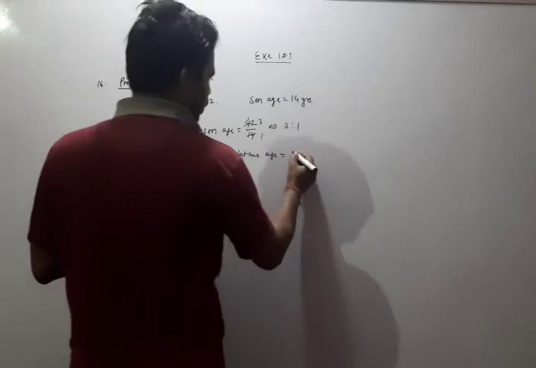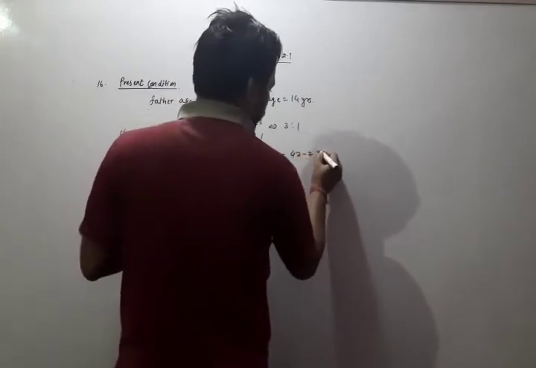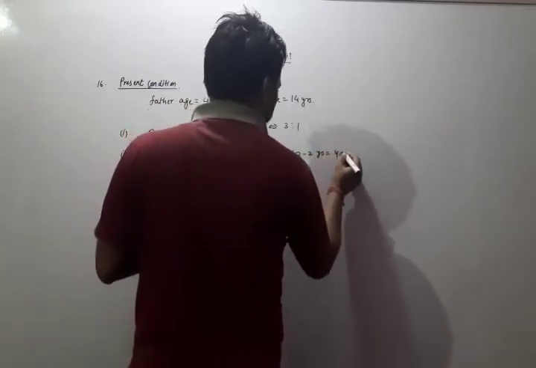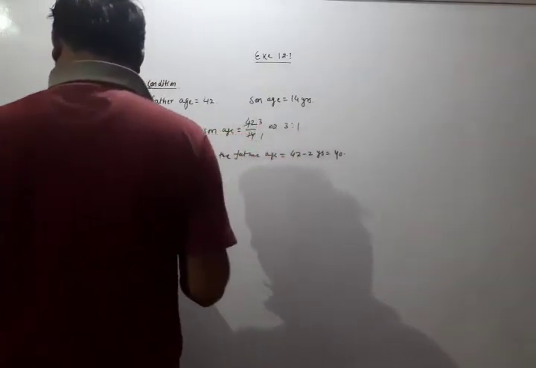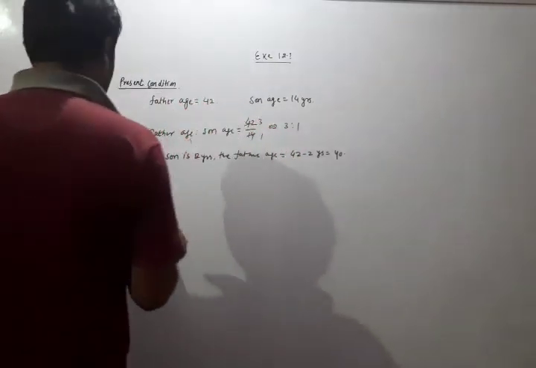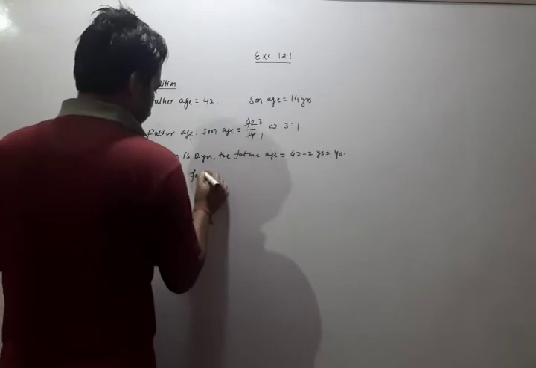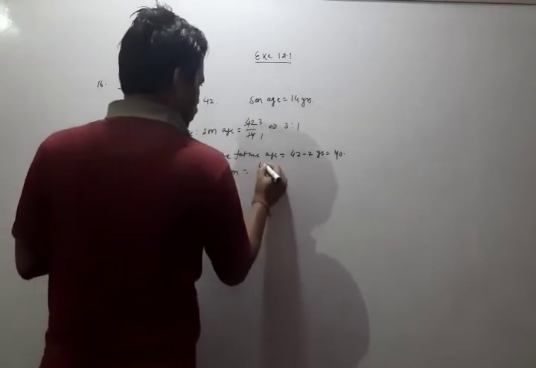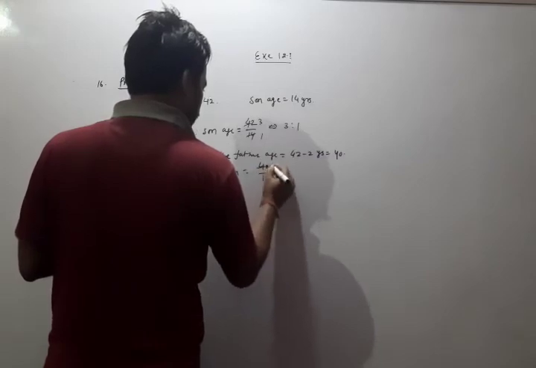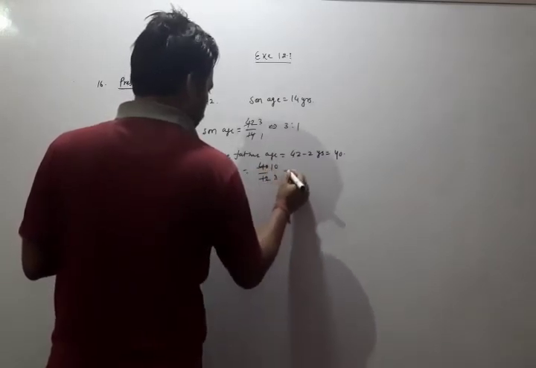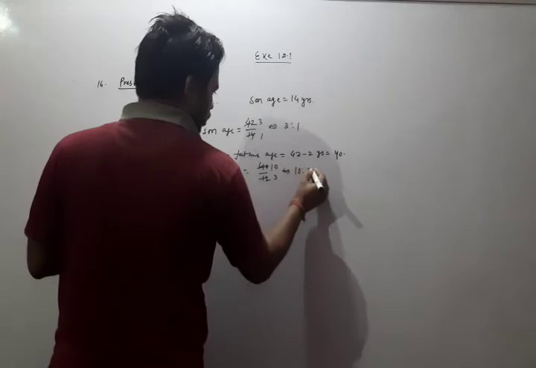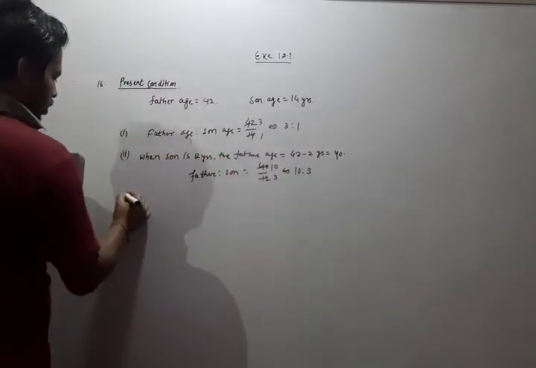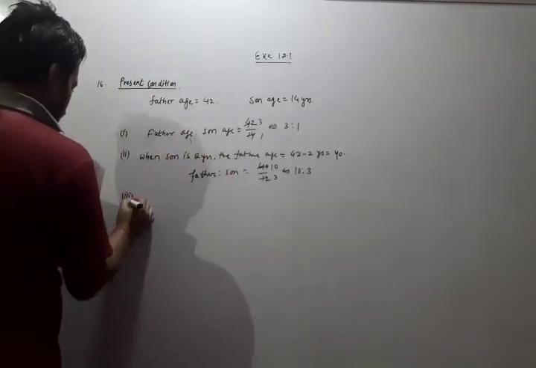So father's age will be 42 minus 2, that is 40. Now we have to find the ratio father to son: 40 upon 12, that is 10:3.